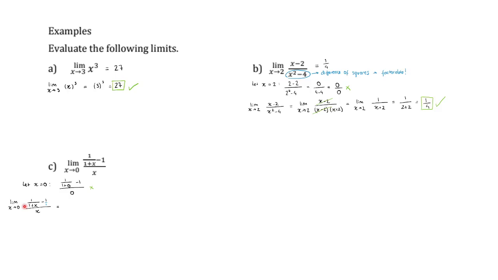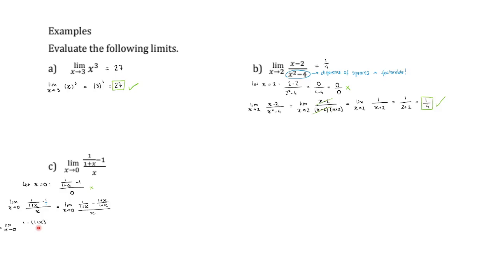Here we are going to have the limit as x approaches 0 of 1 over 1 plus x minus 1 plus x over 1 plus x, all over x. And this is going to be equal to the limit as x approaches 0 of 1 minus (1 plus x).